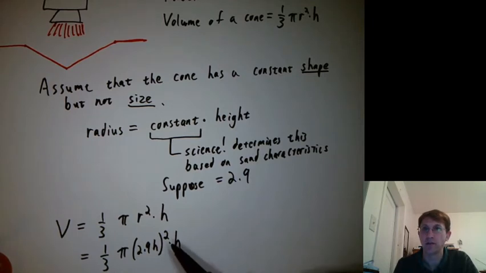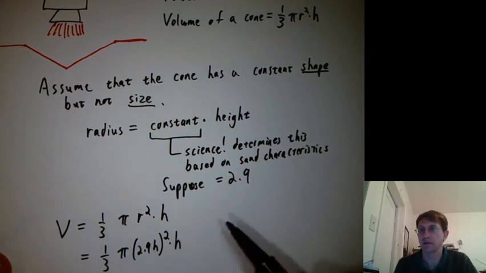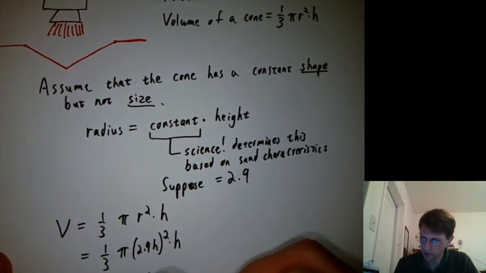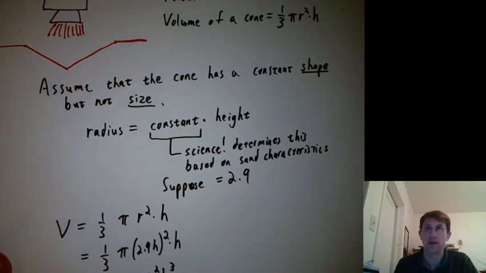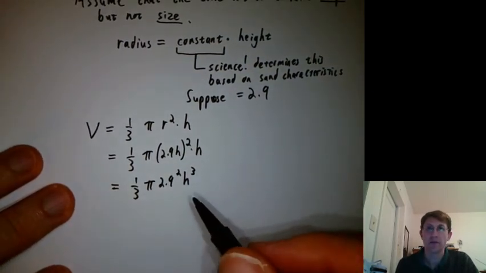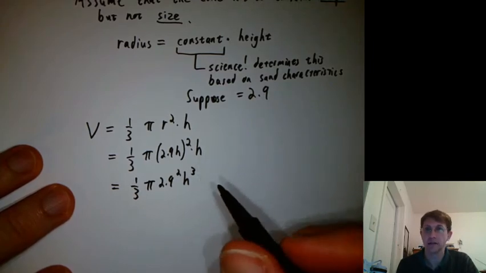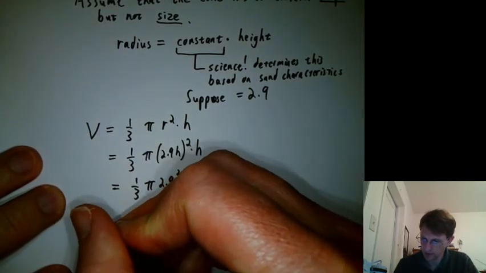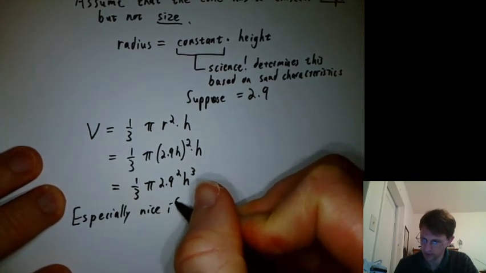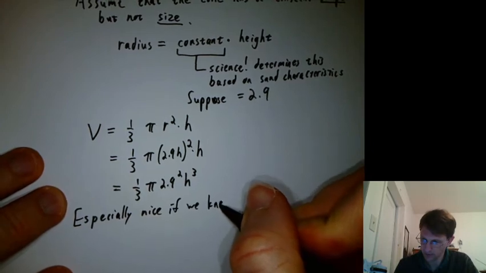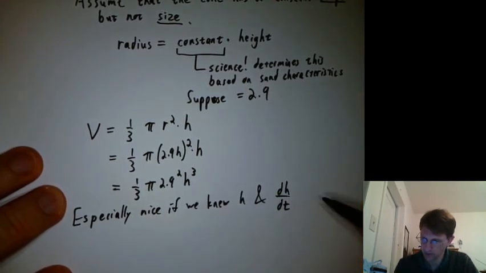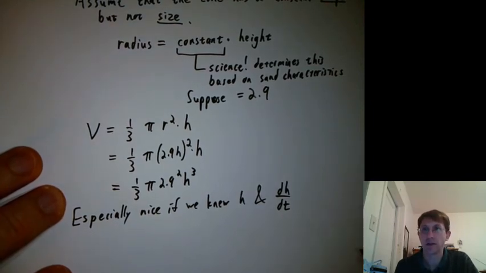And then the h squared and the h gives me an h cubed. So you'd say 2.9 squared h cubed. So this would be especially nice if we knew the current height and dh/dt, because then I wouldn't have to think about the radius at all.